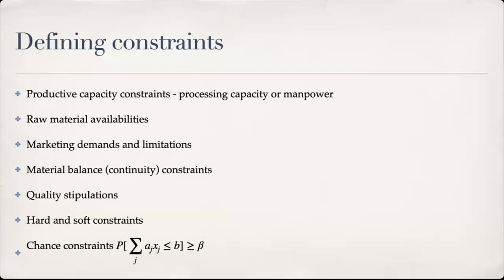This one can be equality or inequality. Why? Because most of the time, when you enter any market, you need a contract. You need a contract with your downstream that you have to supply them at least this certain value.